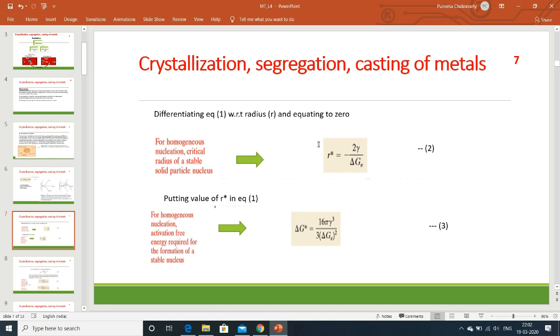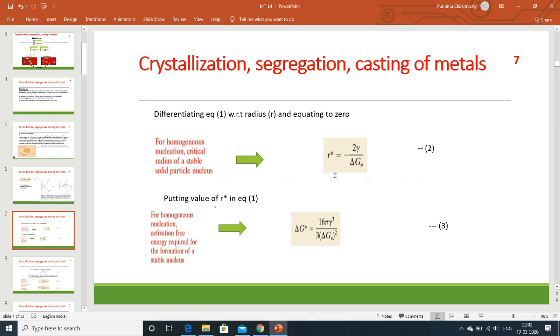Highly advisable, please don't try to remember this, rather try to derive it, and it's very easy to calculate. If you do this operation, we can calculate the critical radius, which is given by minus 2 gamma divided by del G V.